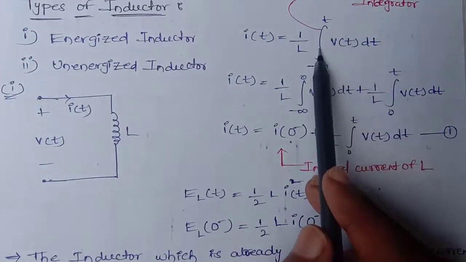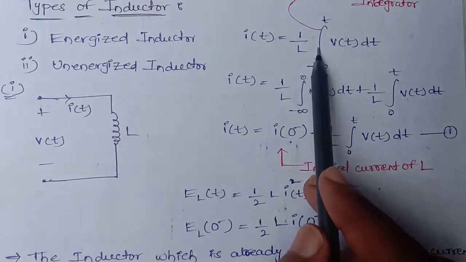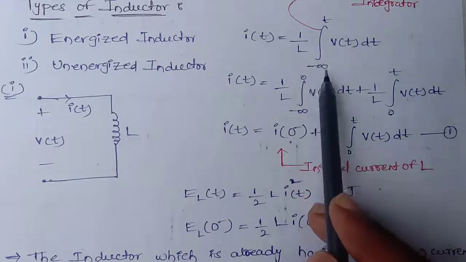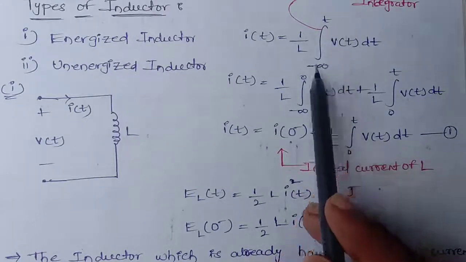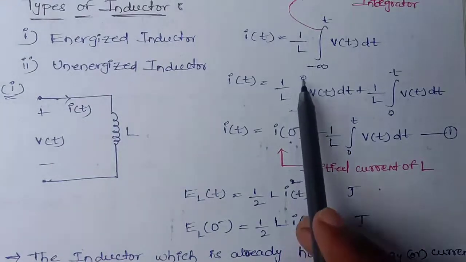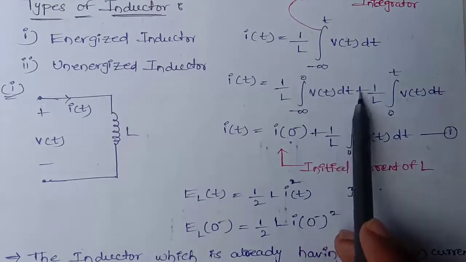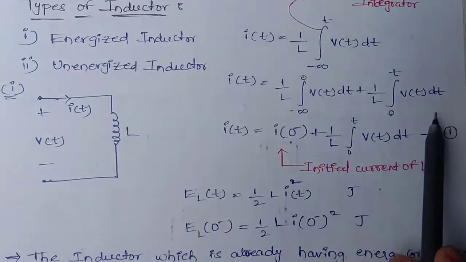This integration is called a dynamic integrator or running integrator. If I split the limits minus infinity to t into two parts, we get i(t) = 1/L integration from minus infinity to 0 of v(t) dt plus 1/L integration from 0 to t of v(t) dt.